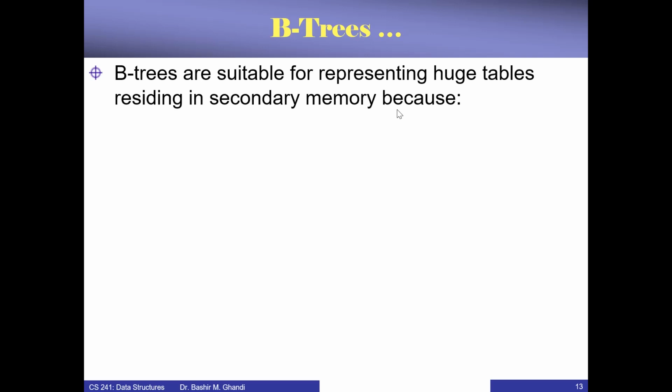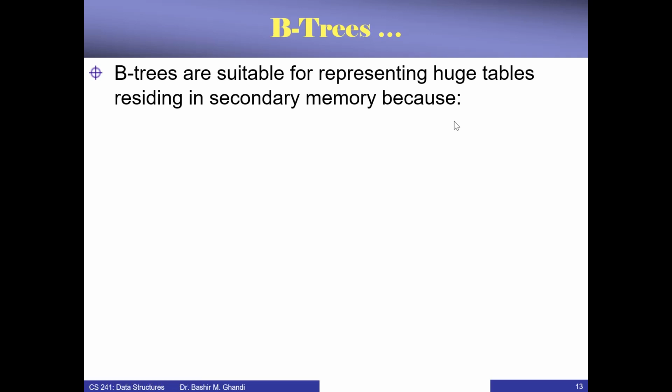So obviously you cannot have all of this data in the RAM. The data is normally in the secondary storage. And data structures like B trees are used to manage the data.